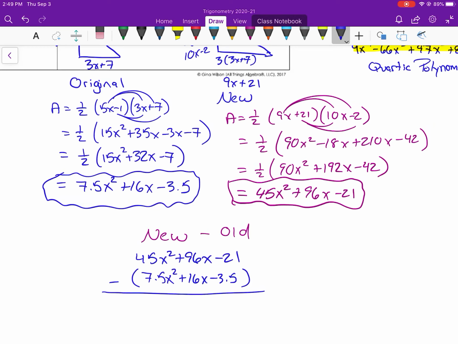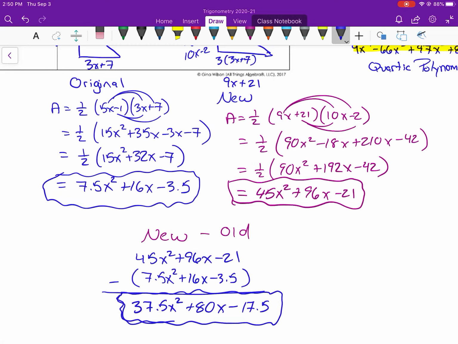Okay, so 45 minus 7.5 is 37.5x squared. 96 minus 16 is 80x. And negative 21 minus negative 3.5 becomes negative 17.5.